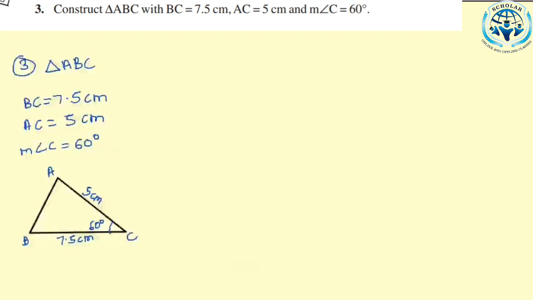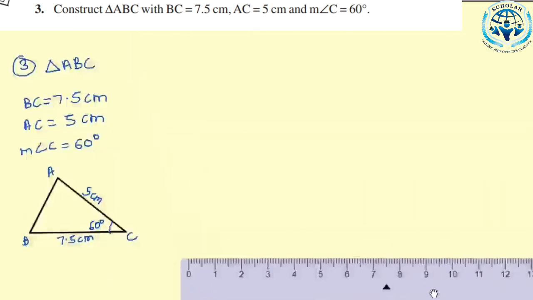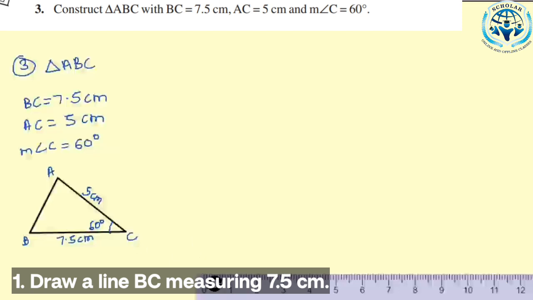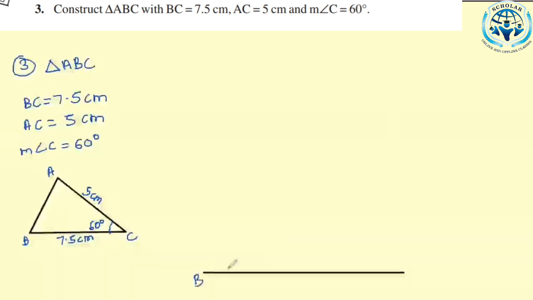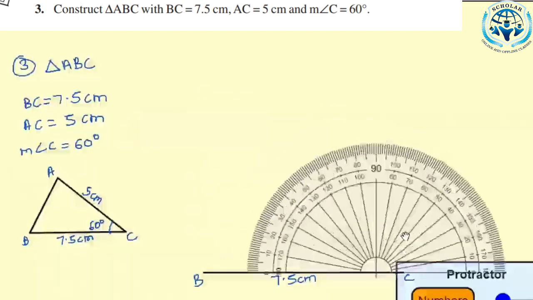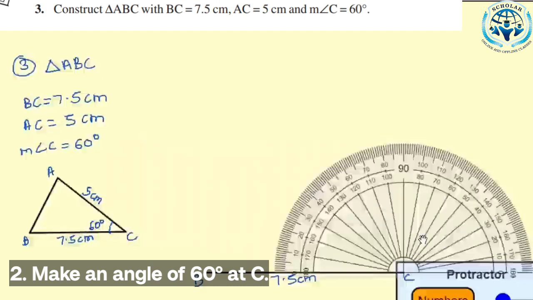Now we will draw the real figure. We will use the ruler and draw one line of 7.5 centimeter. Use protractor to draw an angle of 60 degree. AC is equal to 5 centimeter.